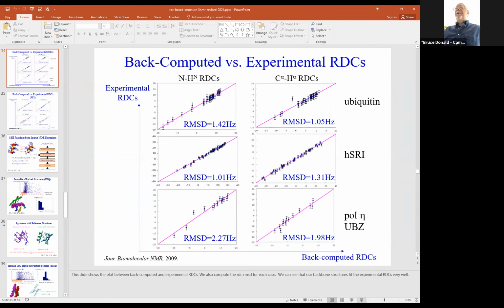In this case, we can see that the agreement is really quite good. It tends to be worse for CH because it's a noisier computation, but it's getting really quite good for these different systems. In other words, when you build a structural model, it corresponds well to the actual data. So again, experimental RDCs versus back computed RDCs here.